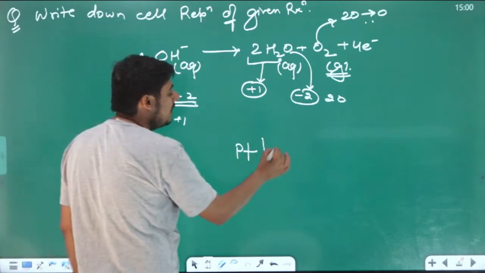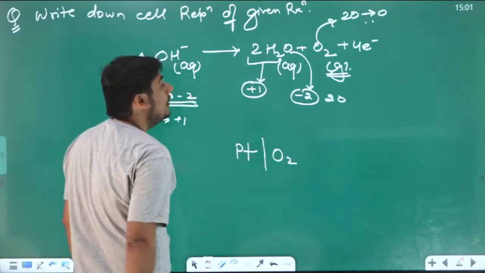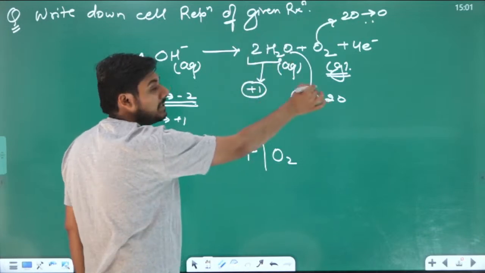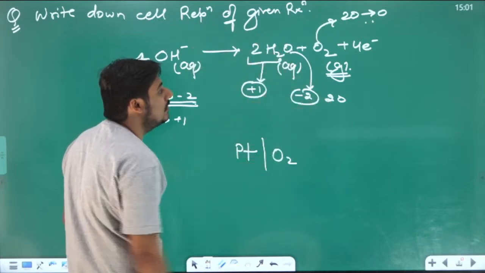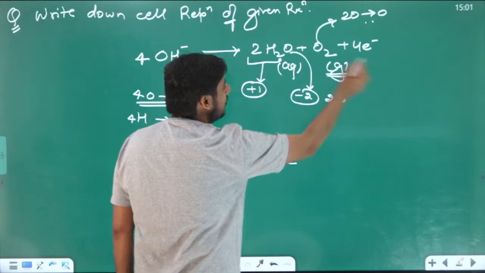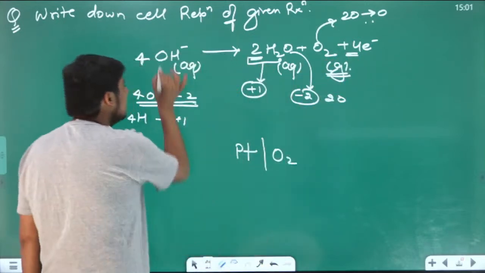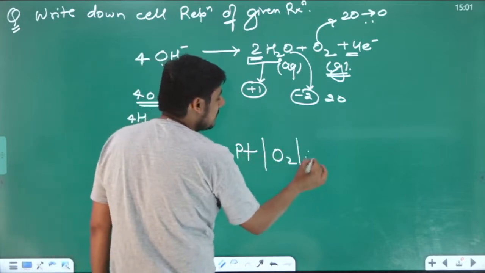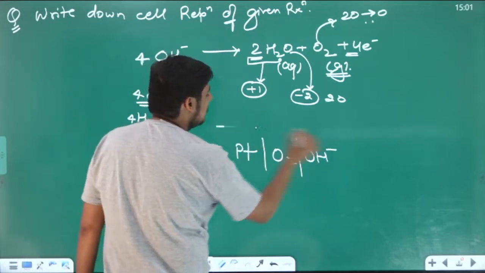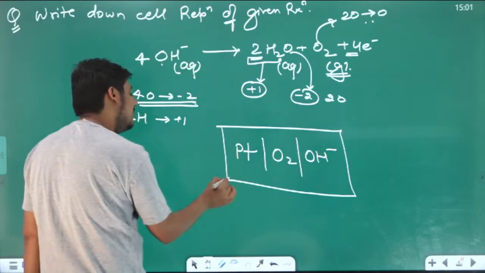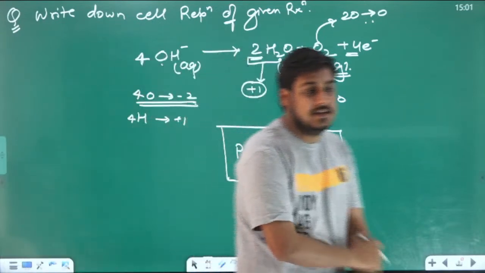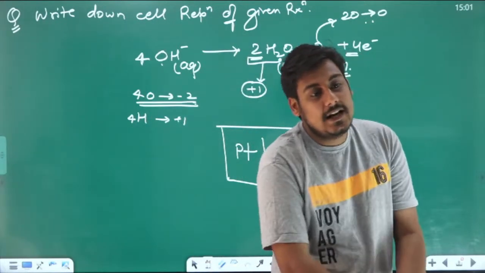Beside Pt we always represent the gas. We never represent water in cell representation. I have already told you this rule. We never represent electrons, and we never represent the stoichiometric ratio. So what is left to represent is this anion. So I will represent the anionic part, and this will be my representation for the given half cell reaction.